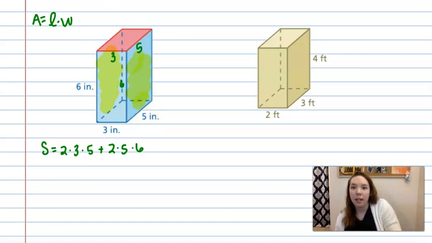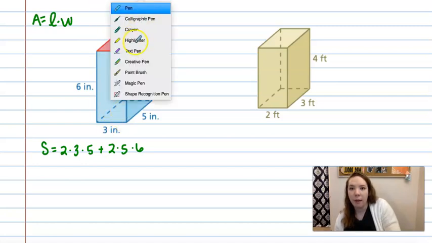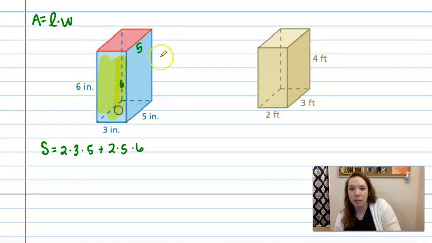And then lastly, can I erase? Perfect. Lastly, we would still have these very front and back pieces. So this piece and that piece. So I'd have 2 3x6s.